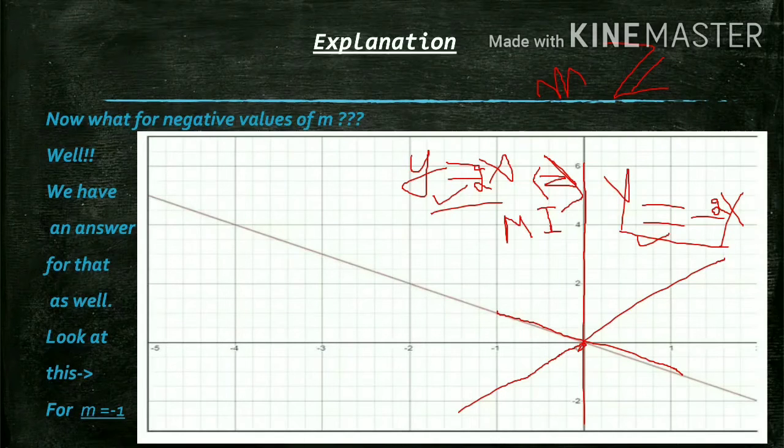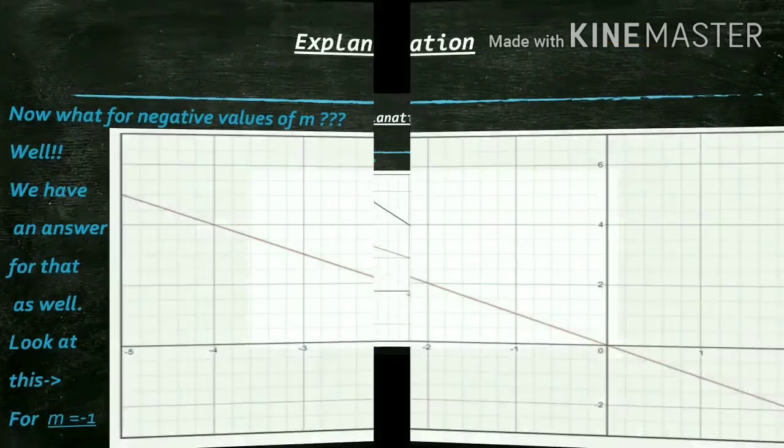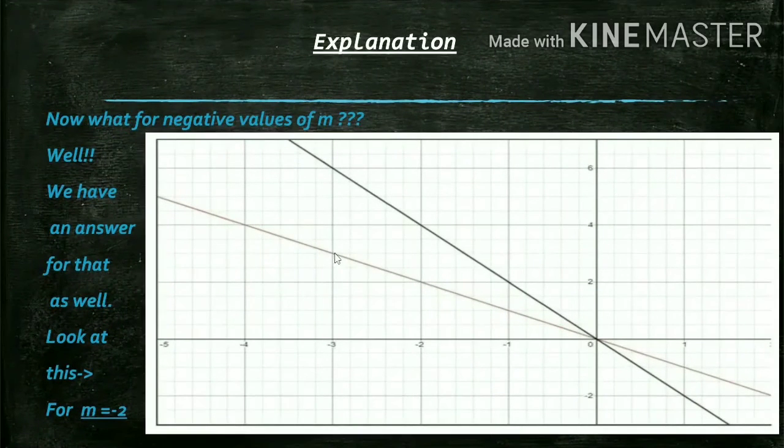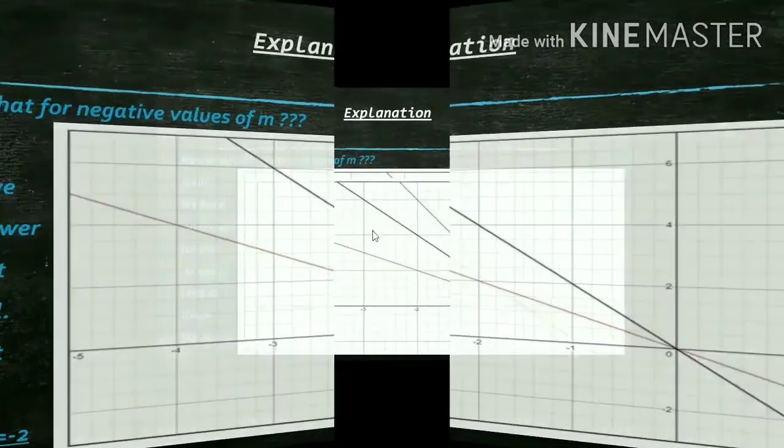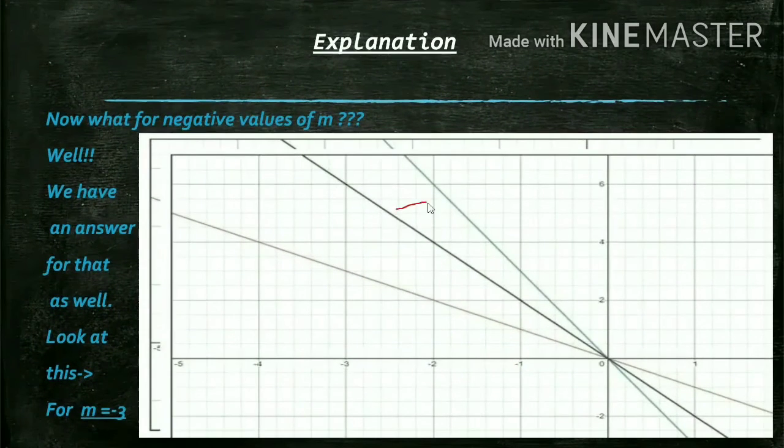Again, now what about m equals minus 2? Well, the same thing happens again. For m equals minus 2 also, the graph moves like this. For minus 3, again it moves ahead.